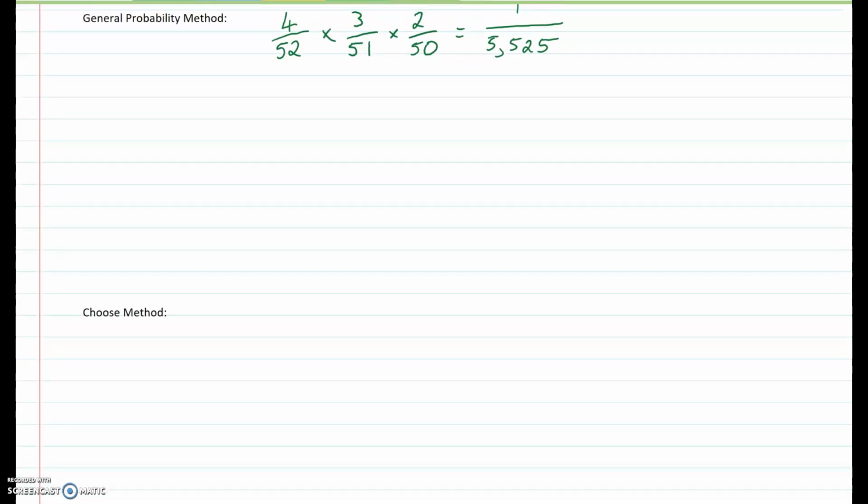When we go to the choose method, what we are doing is looking at the number of outcomes that you want over the number of possible outcomes. So what are the outcomes that I want? Well, I want queens. I have 4 queens and I'm choosing 3 from there.